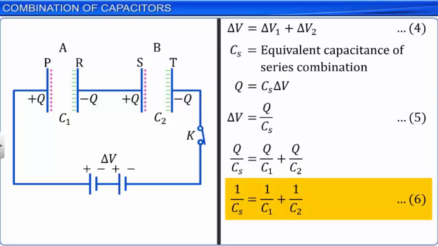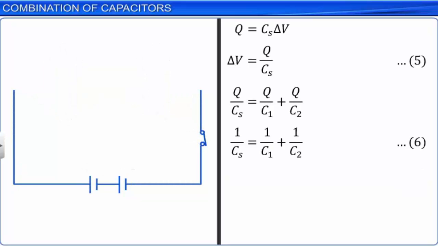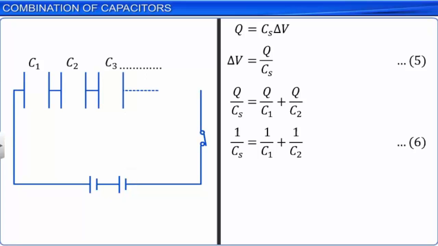If n number of capacitors with capacitances C1, C2, C3, and so on, up to Cn are connected in series, then the expression for equivalent capacitance of the combination Cs is given by 1 by Cs is equal to 1 by C1 plus 1 by C2 plus 1 by C3 plus so on plus 1 by Cn.